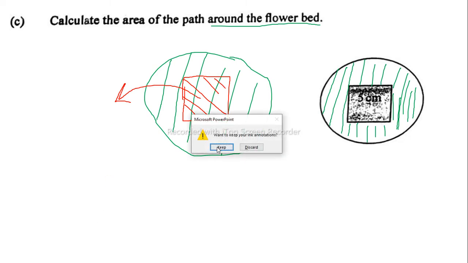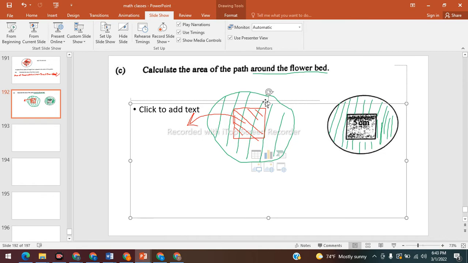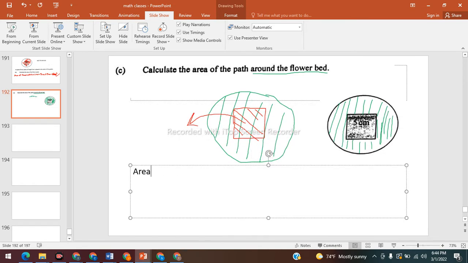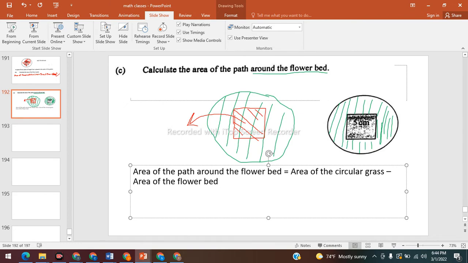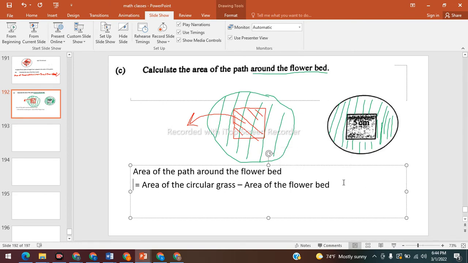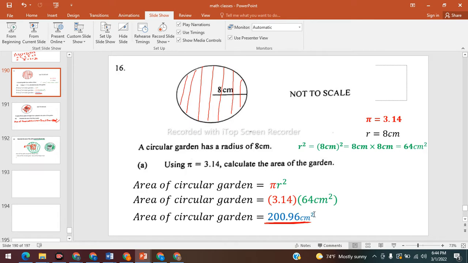Okay, so that means that the area of the path around the flower bed equals the area of the circular grass, because that's the big area, minus the area of the flower bed, right?